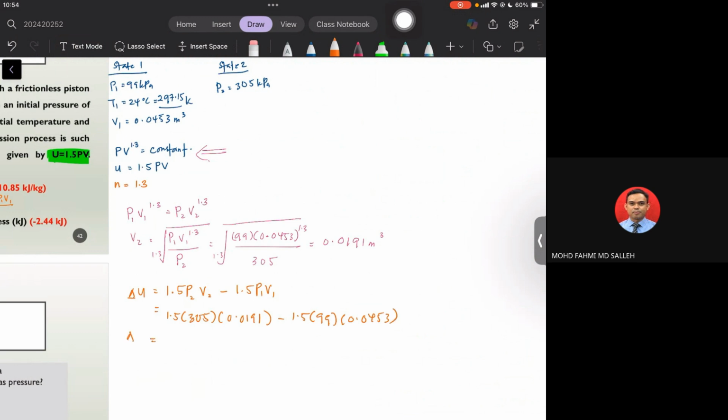And when you calculate, you're going to get the value for the change in the internal energy, which is 2.0112 kilojoule.